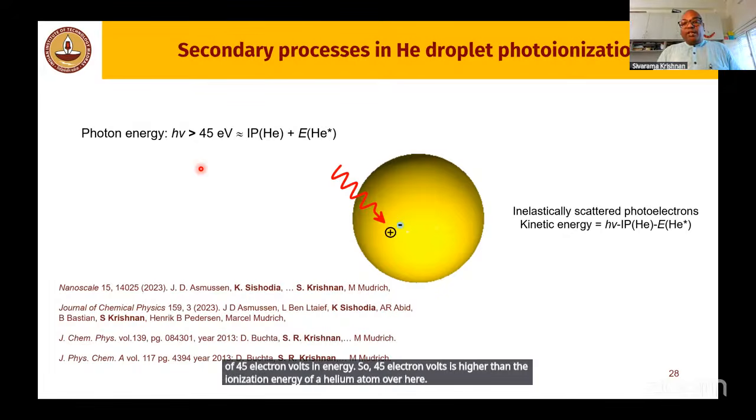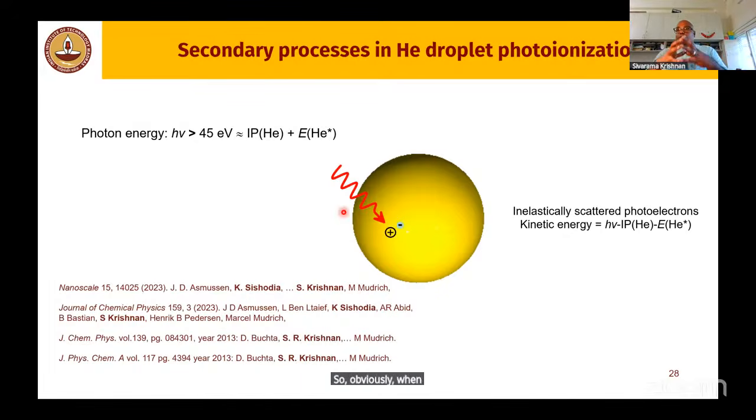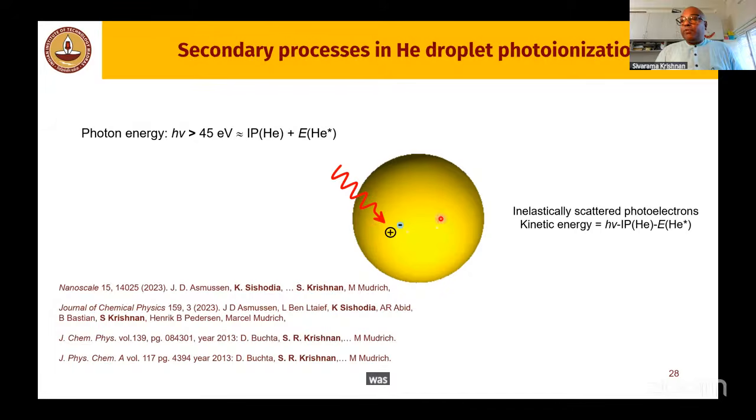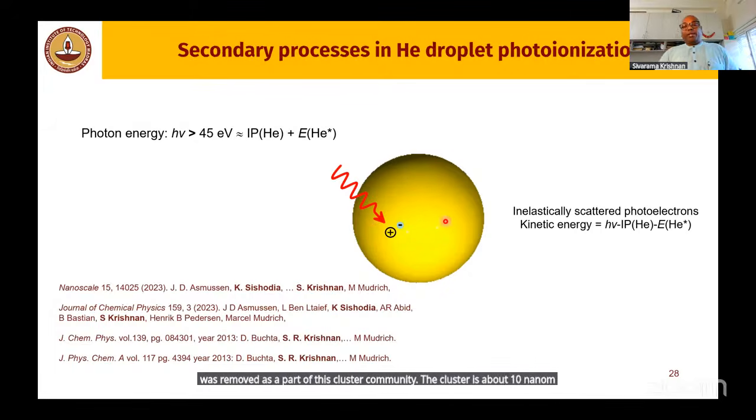So when this photon is absorbed by one of the atoms in the helium nanodroplet, we create a helium ion, He+, and a nearly free electron, no more bound to its parent atom, which is itself a part of this cluster community. The cluster is about 10 nanometers in diameter.